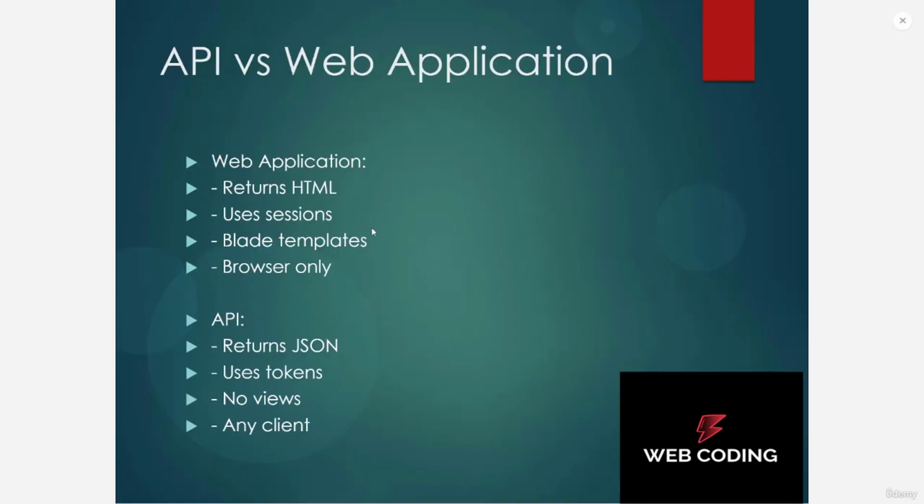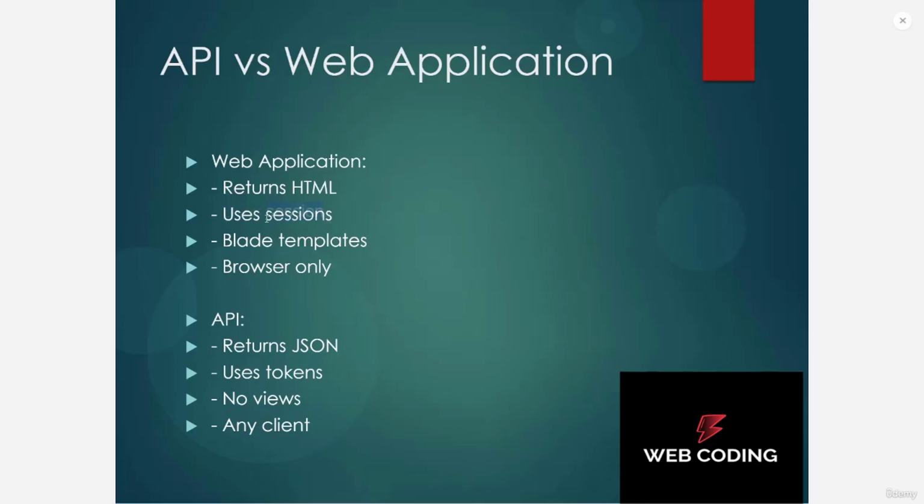Right. Now a quick comparison between the two, APIs in general, and web applications. So a web application basically returns HTML. It works in the browser mainly, right? It also uses sessions to track the users when they do certain actions.